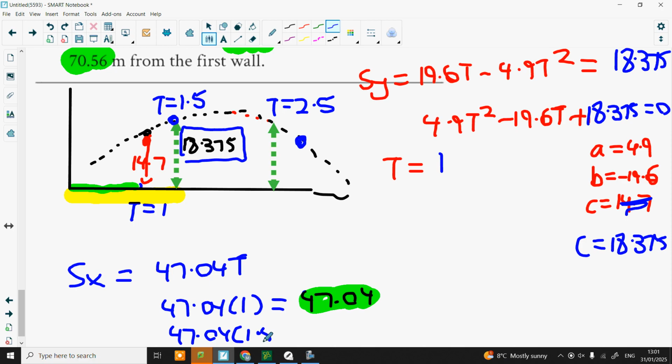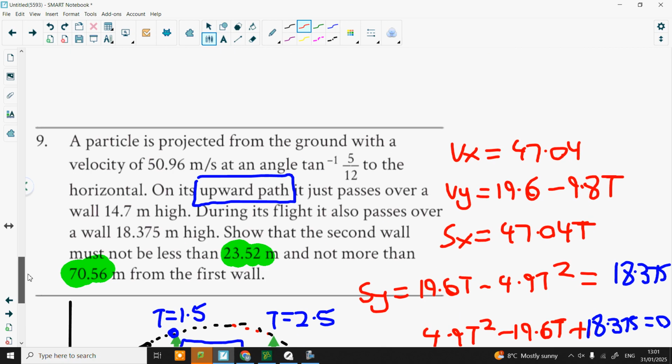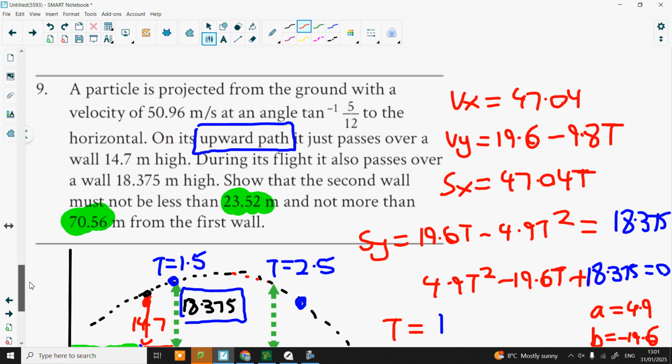Times 1.5. 70.56. Take the 2 of them away from each other to find the distance the wall has to be behind the first wall. 2 of them take away from each other. 23.52.